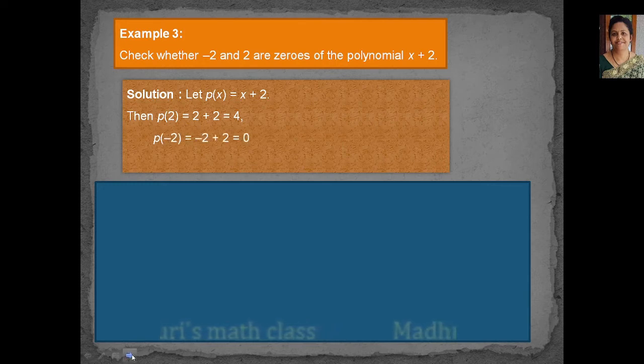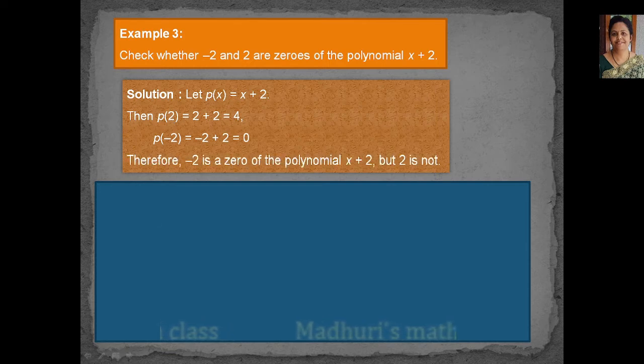Next one, p(negative 2) means in the place of x, you will write negative 2. So negative 2 plus 2 is equal to 0. So here, negative 2 is a 0 of x plus 2 and 2 is not. Therefore, negative 2 is a 0 of the polynomial x plus 2, but 2 is not.